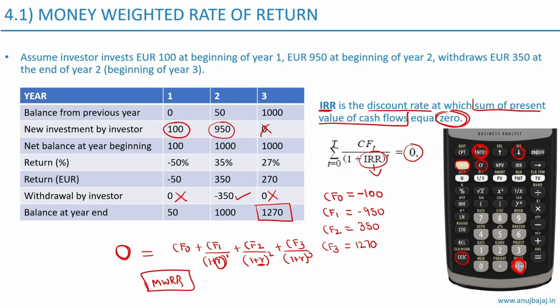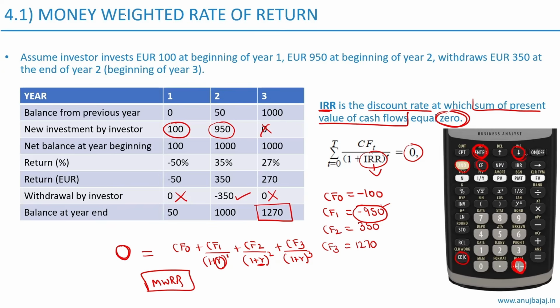Then you will see F01, which refers to the frequency of this cash flow. How many times did this cash flow occur? That is, how many times the 950 euros has repeated. In our case, it has repeated only once. So by default, the frequency will be shown as 1. You do not need to make any changes to it.